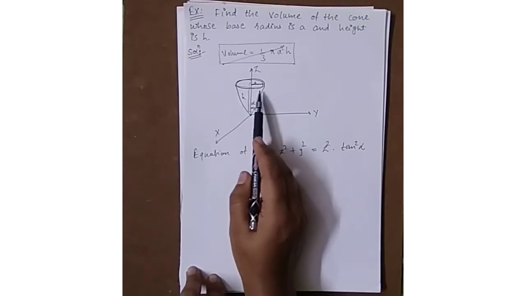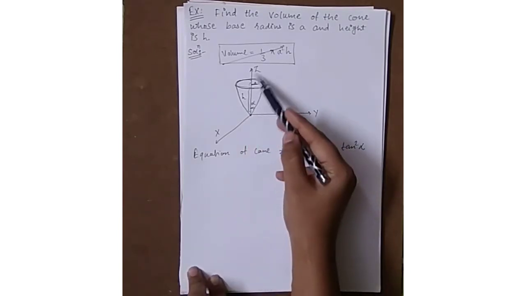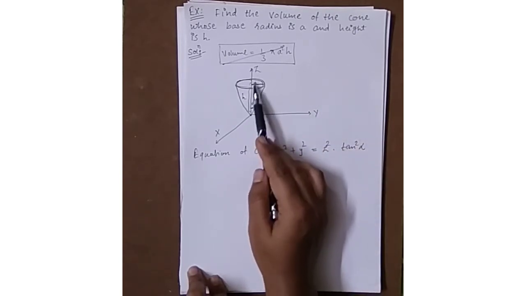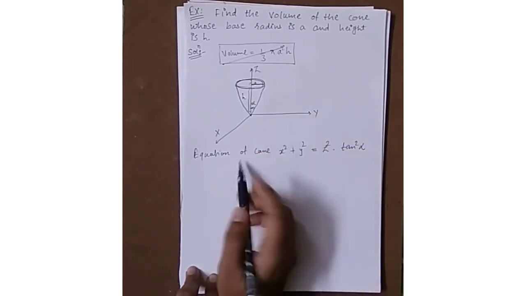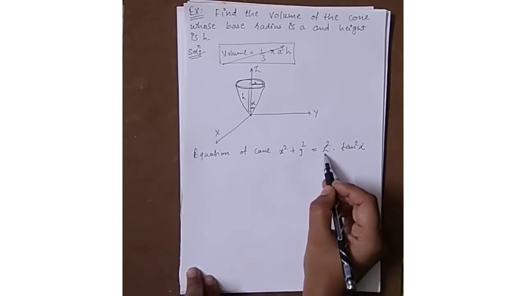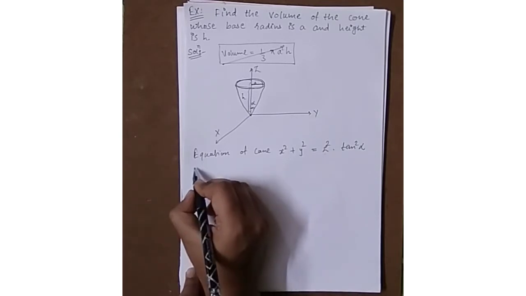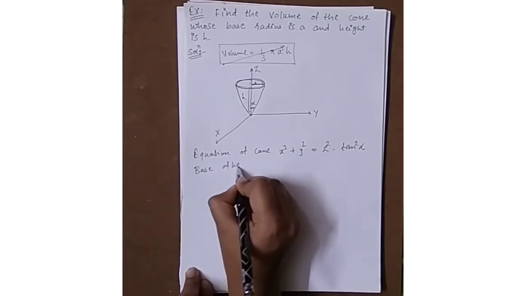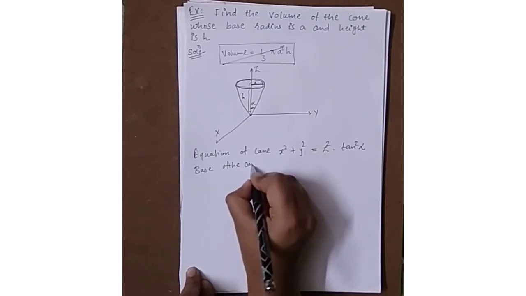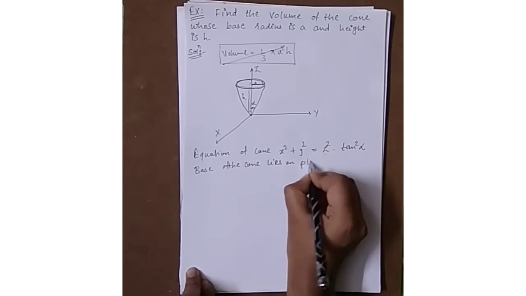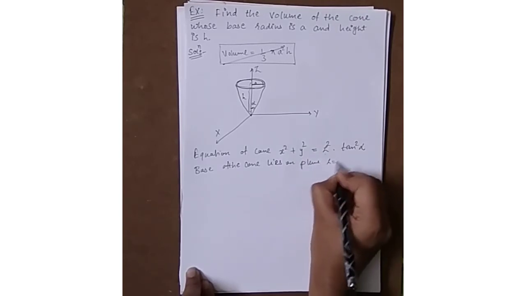Here the base of the cone lies on the plane z is equal to h. So if I am putting z is equal to h, first we have to write that the base of the cone lies on the plane z is equal to h.